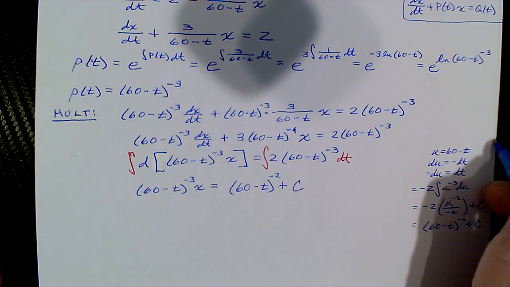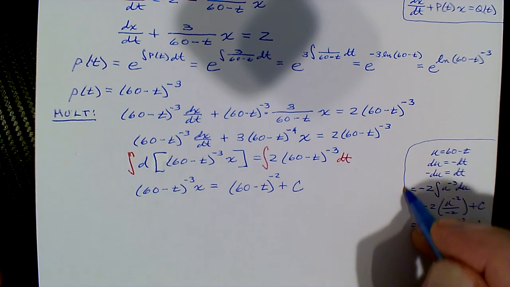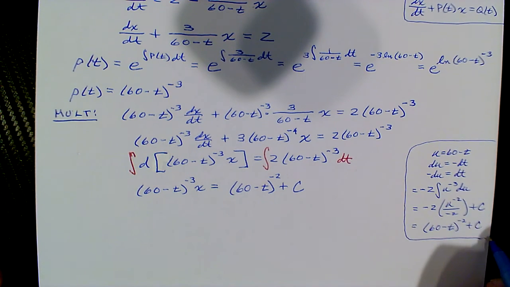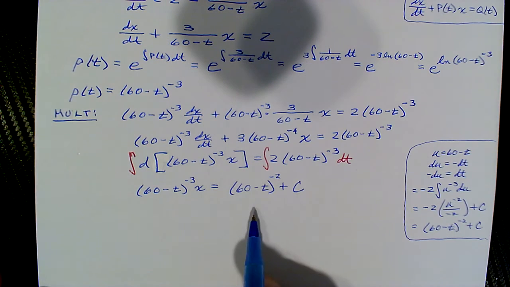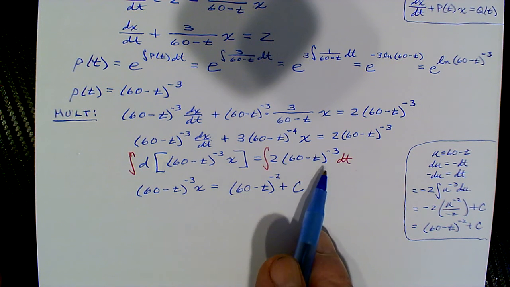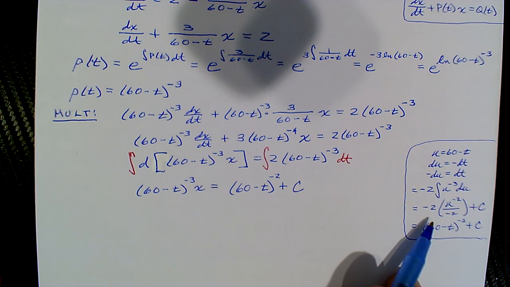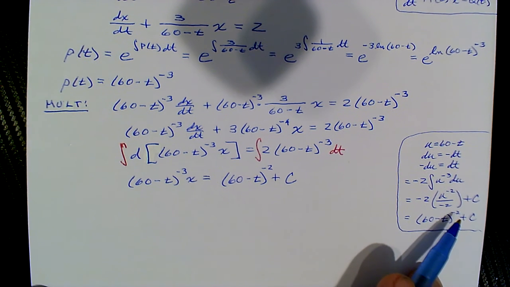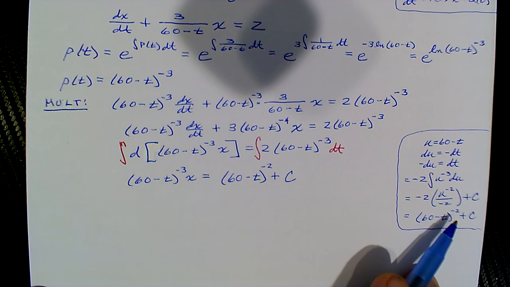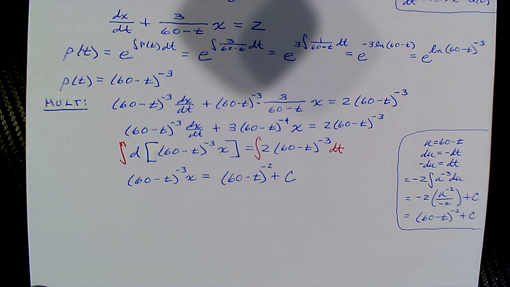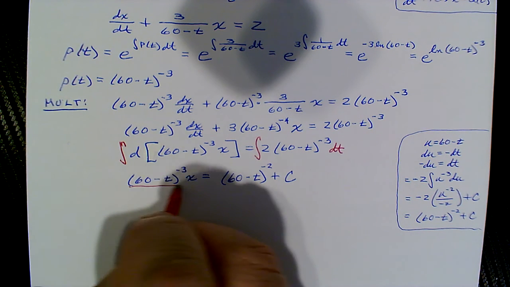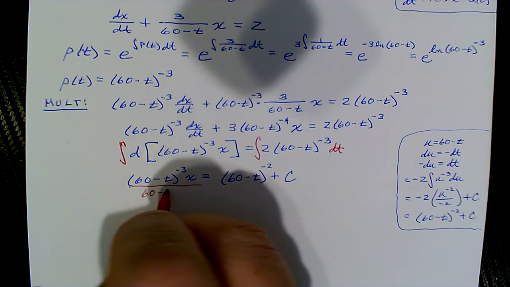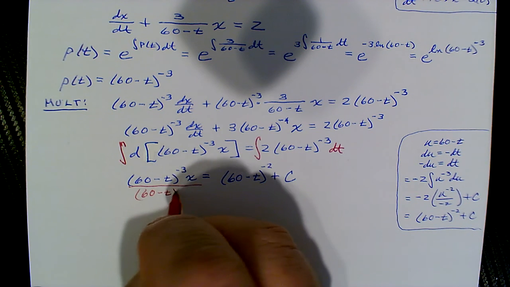So a lot of times, as we've mentioned before, if you're doing a detailed solution such as this, some of the basic integrations you want to take off to the side or do on scrap paper. Okay, now we need to solve for x, so we're going to divide everything by the (60 minus t) to the negative 3.